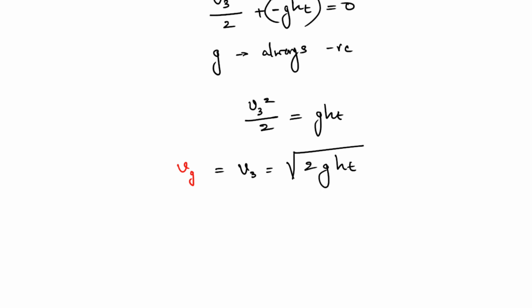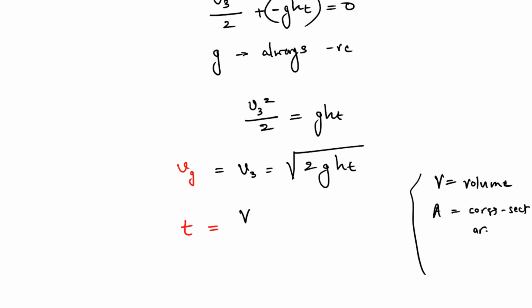There is one more small thing I would like to mention: the time for filling the mold. How do you calculate the time? Normally, it is the volume of liquid divided by the cross-sectional area of the gate times the velocity at the gate.